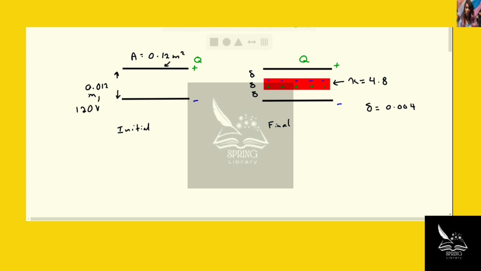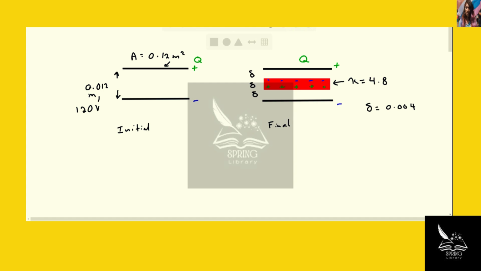For a uniform electric field that occurs in the plates, that bound charge occurs at the surface. There are bound charges inside, but they cancel each other. So what we're going to have to find is the new capacitance of this arrangement, and the new potential energy stored.